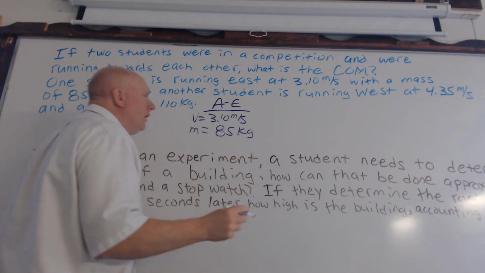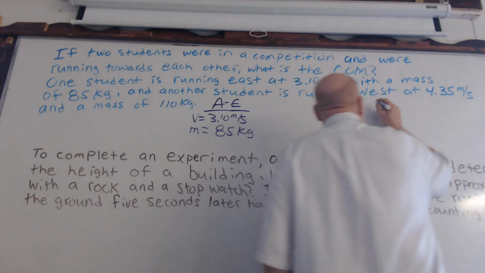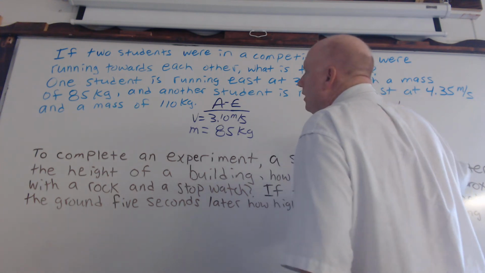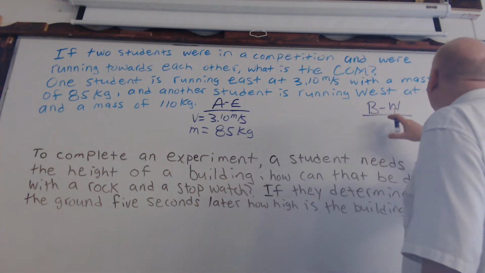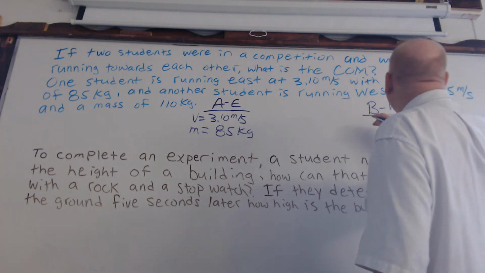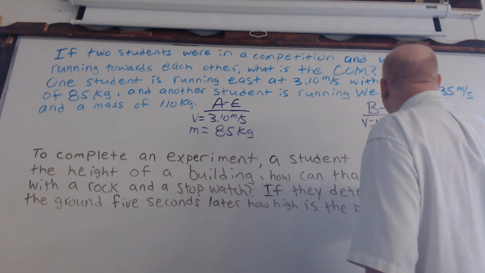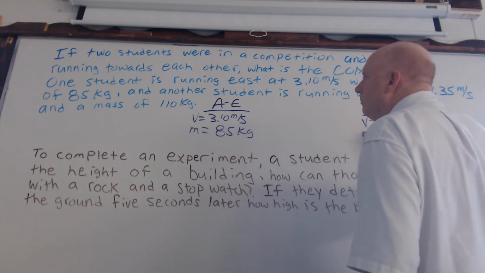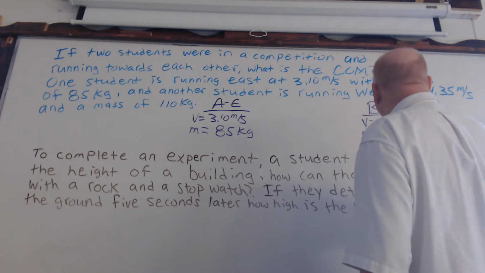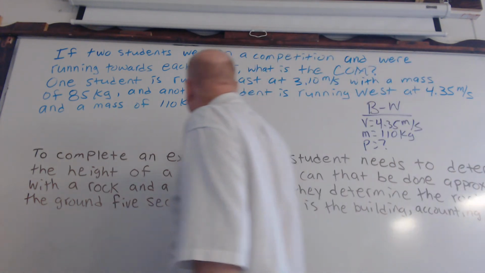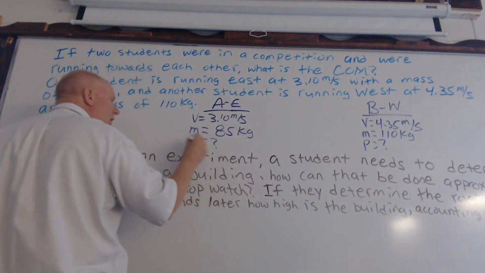Then we've got student B, who is moving west, at 4.35 meters per second and has a mass of 110 kilograms. What is each momentum? That is what we are solving for.